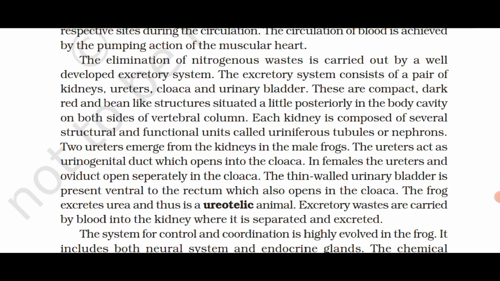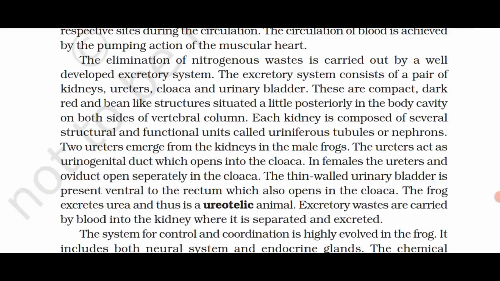These are compact, dark red, and bean-like structures situated a little posteriorly in the body cavity on both sides of the ventral column. Each kidney is composed of several structural and functional units called uriniferous tubules or nephrons.